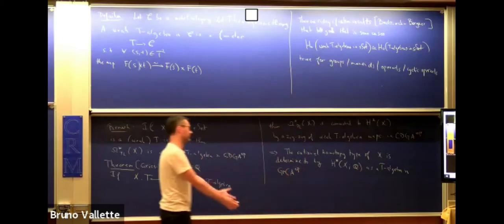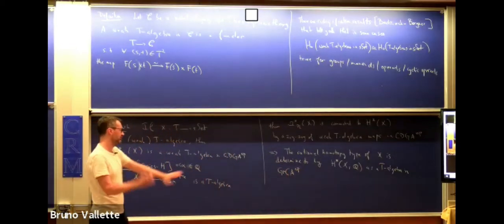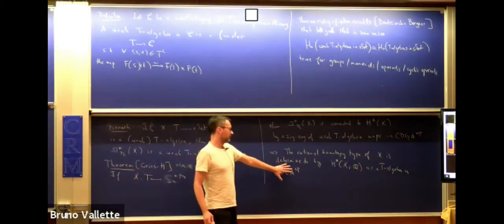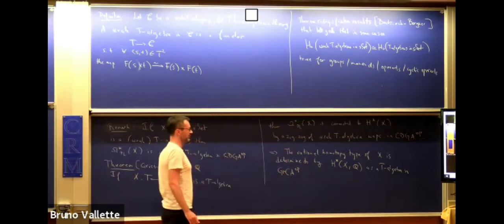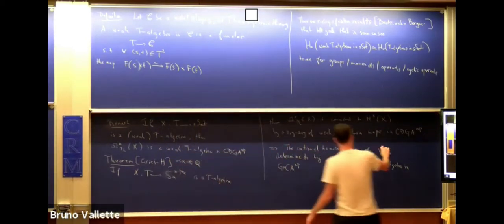So the cohomology is actually a strict T algebra in graded commutative algebras, and this determines the rational homotopy type of X, as a T algebra.